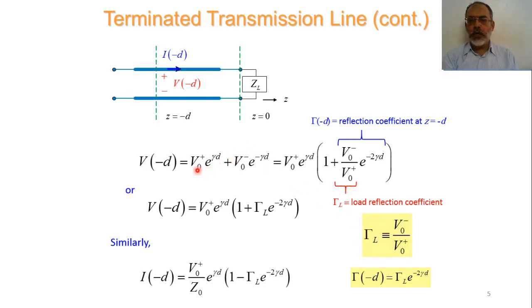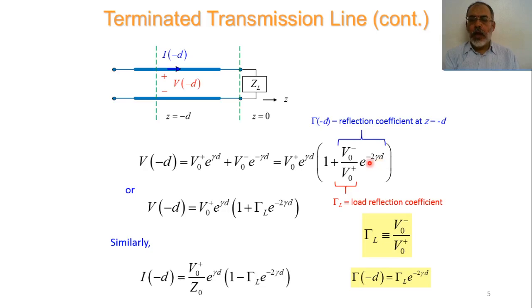So by taking v naught plus e to the power gamma d as a common factor, the remaining factor here will be 1 plus v naught minus over v naught plus multiplied by e to the power minus 2 gamma d. This was e to the power minus gamma, and I have taken as a common factor e to the power gamma, so I divided by another e to the power gamma, so this is e to the power minus 2 gamma d.